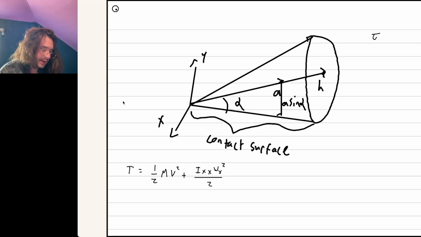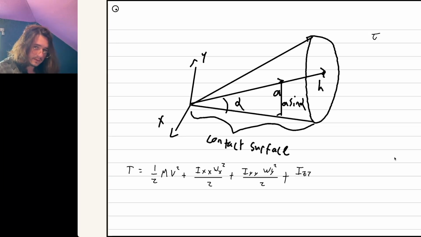So it's Ixx omega x squared, Iyy omega y squared over 2, Izz omega z squared over 2. Right. Okay.